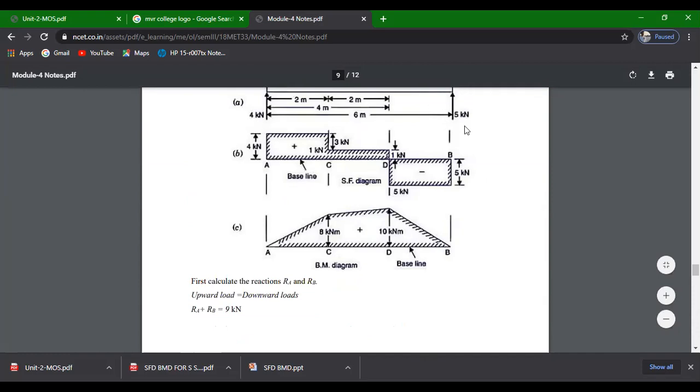This is the amount of force, RB, and this is the distance of 6 meters.